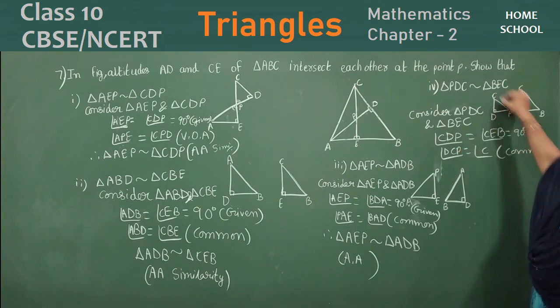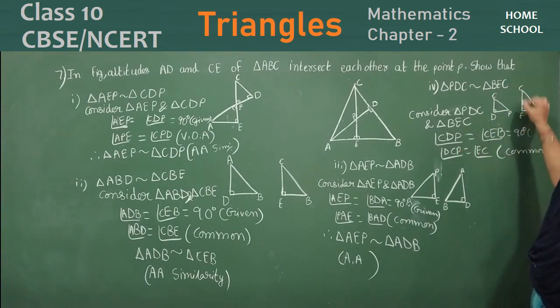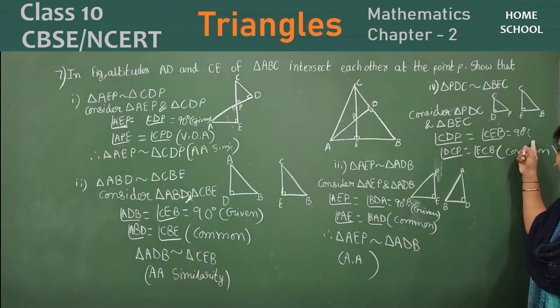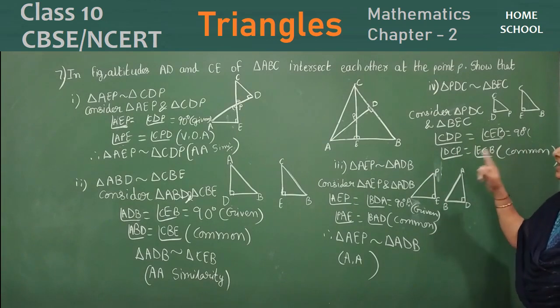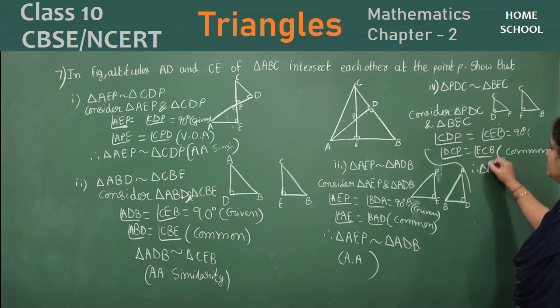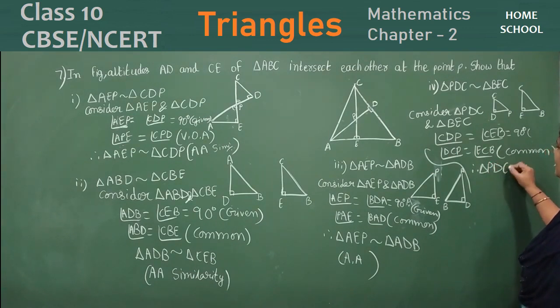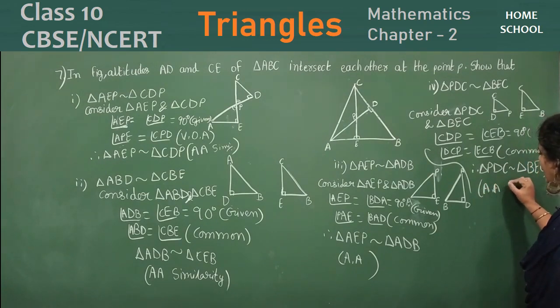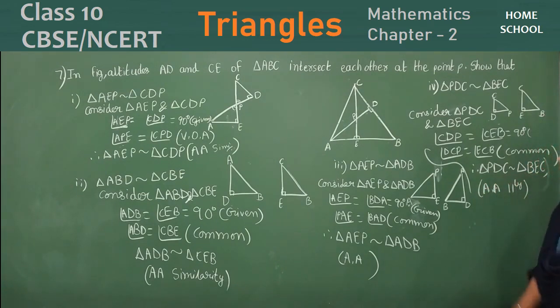Angle DCP is equal to angle ECB. Okay, these two angles are 90, these two angles are common. Therefore, triangle PDC is similar to triangle BEC. By which criteria, children? Same criteria in all problems here. Angle similarity criteria.